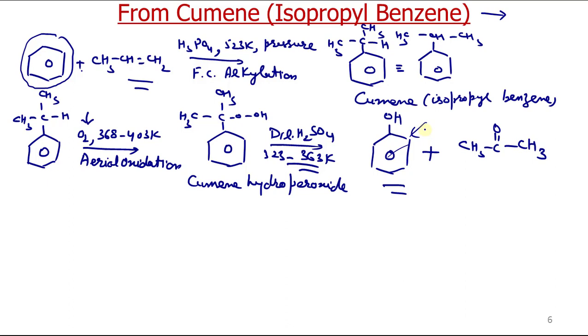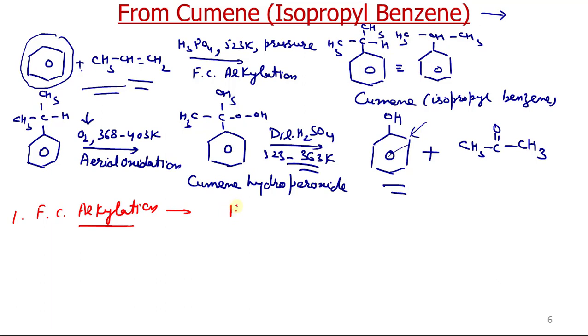Now let us see the mechanism of how these steps occur to give you phenol. Let us first see the mechanism of the first step, Friedel-Crafts alkylation. This is done with the help of phosphoric acid.